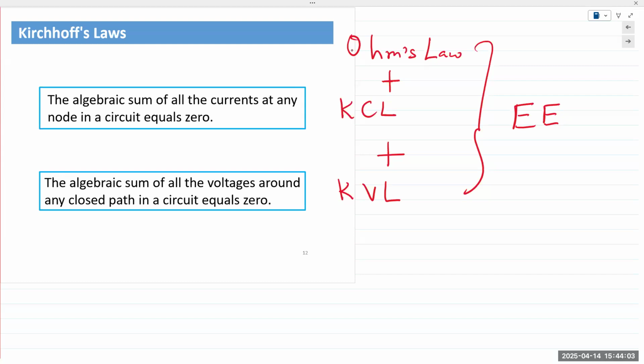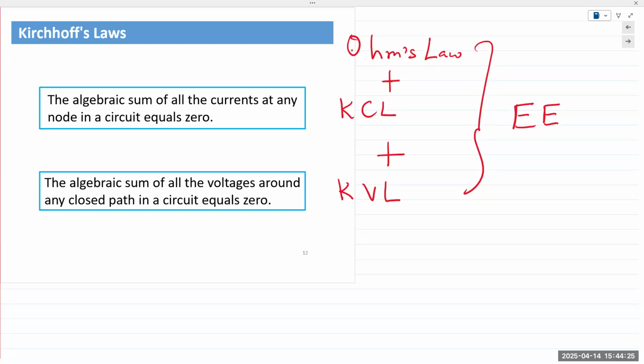So based on those, this principle states that if you have a node or a junction in a circuit, the algebraic sum of all the currents that are entering and leaving that node will always sum up to zero. Okay, it'll always sum up to zero.